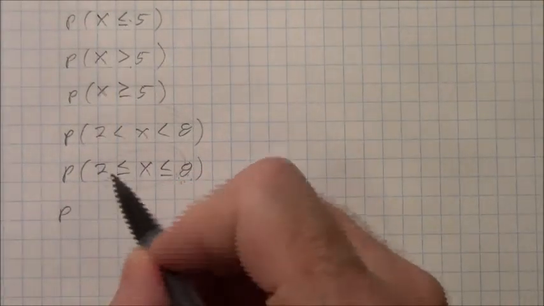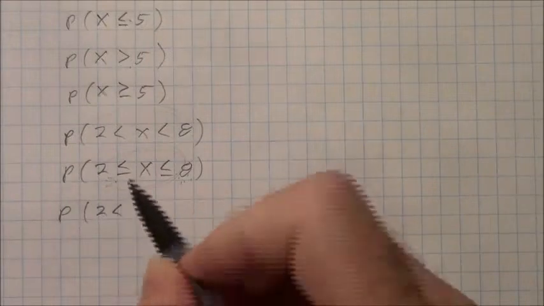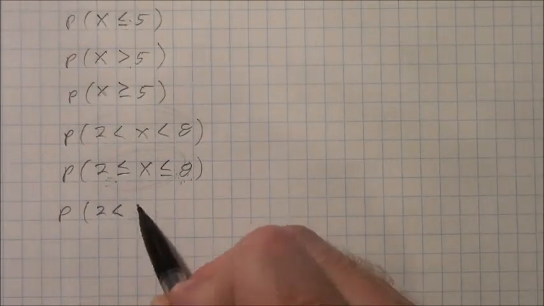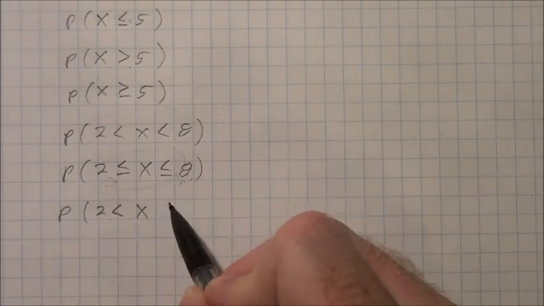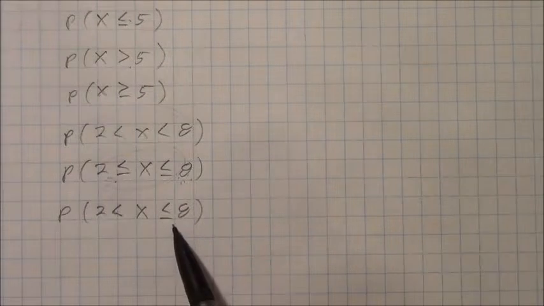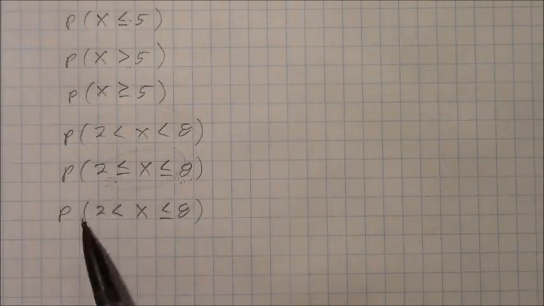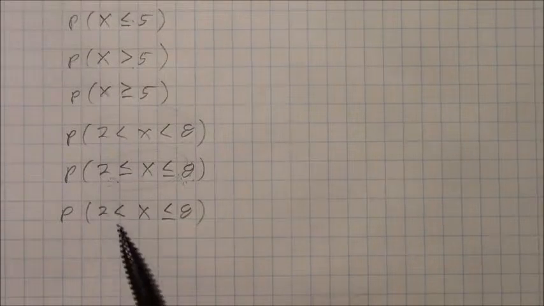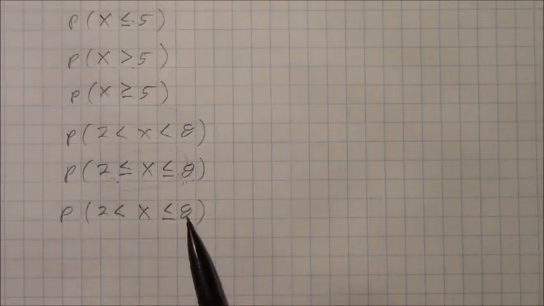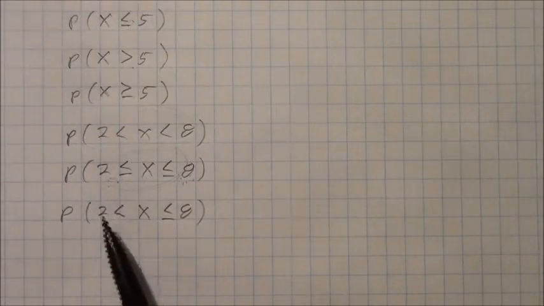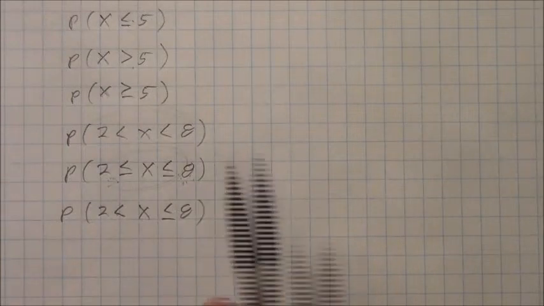Then if we don't have the equal to symbol on one side, for example 2 less than x less than or equal to 8, that's saying that x is more than 2, but no more than 8. So it could be equal to 8, but is definitely greater than 2, so it has to be 3 and above.